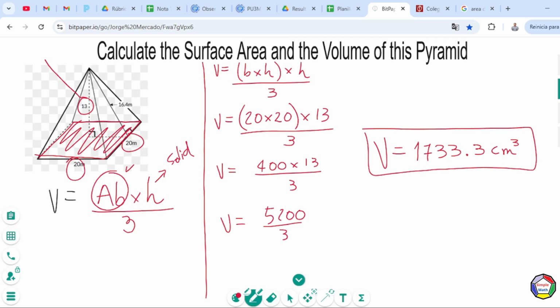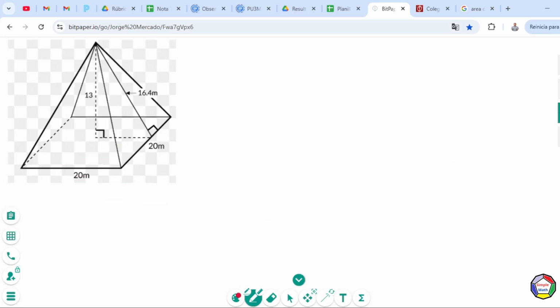Okay, so in the same way, I'll calculate the surface area. So let's go to the surface area. We have the same pyramid, and I want you to bear something in mind.